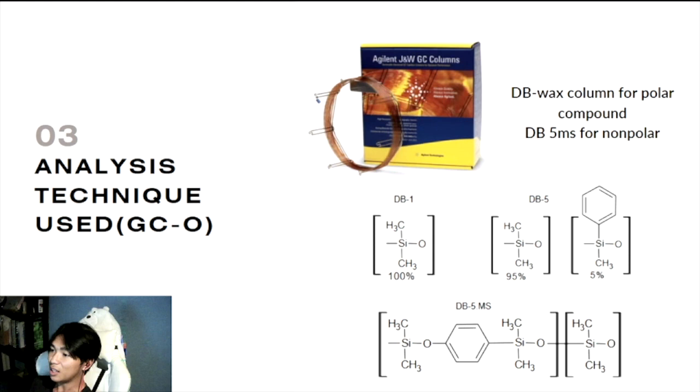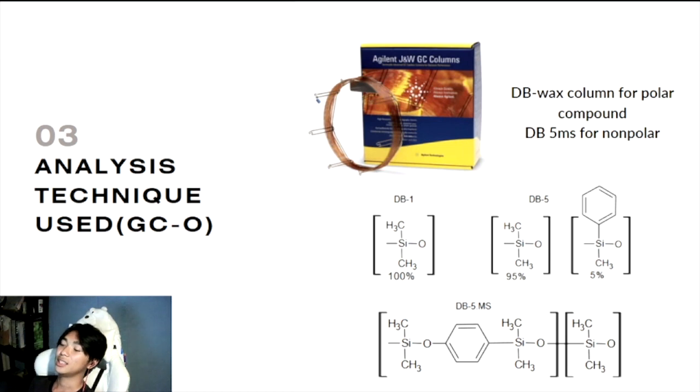The DB-WAX column is a polar stationary phase, while the DB-5MS column is a nonpolar stationary phase used in gas chromatography. DB-WAX is specifically designed for separating polar compounds like alcohols, esters, and acids, making it suitable for analyzing complex mixtures such as wine samples, where these compounds are abundant.